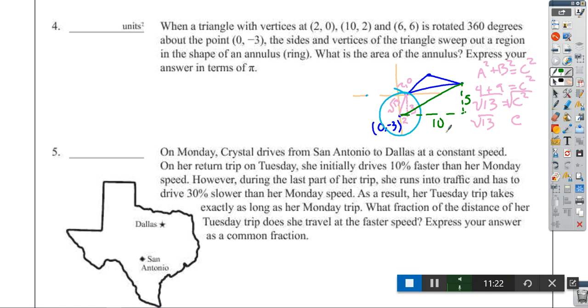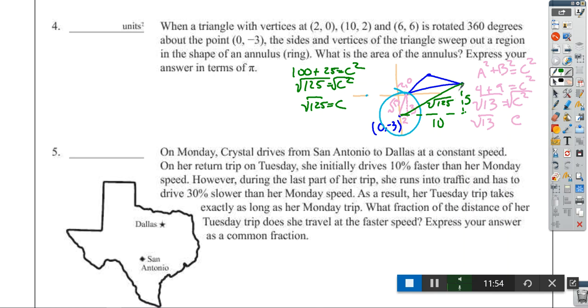So a squared plus b squared equals c squared: 10 squared, which is 100, plus 5 squared, which is 25, is equal to c squared. 125 is equal to c squared, so the square root of 125 is equal to this distance. Okay, so now I can find the areas of the small circle and the big circle.